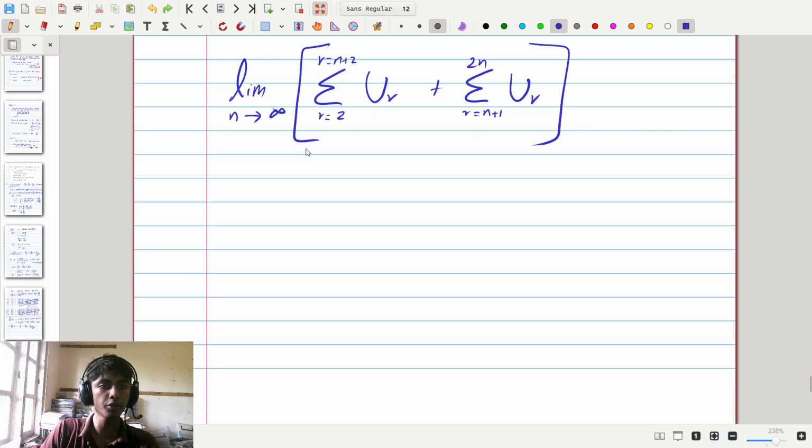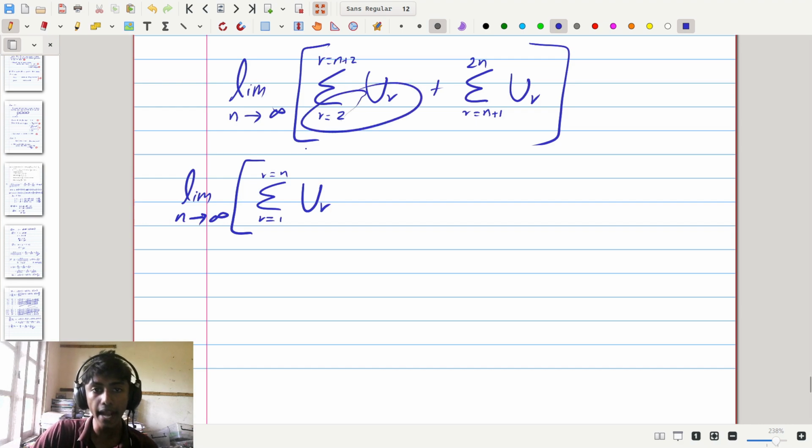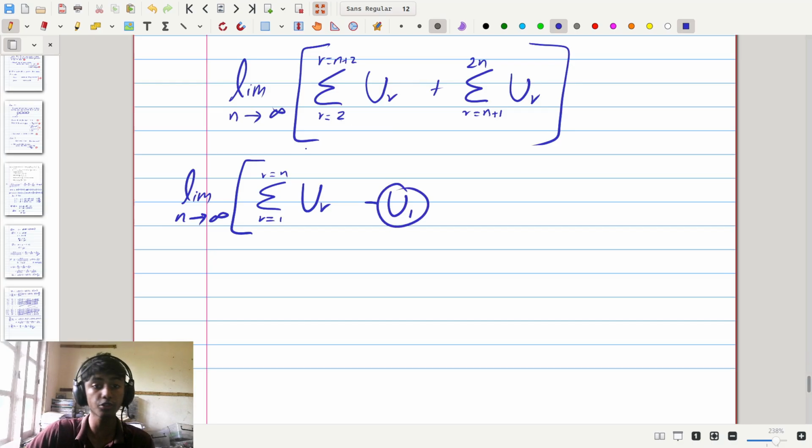So due to this, what I'm going to do is take this limit as n approaches infinity of, and on the inside, I'm going to turn this thing into the sum from r equals 1 up to r equals n of u of r. To do that, I had to additionally add the term of r equals 1, and therefore I have to subtract the term u of 1.